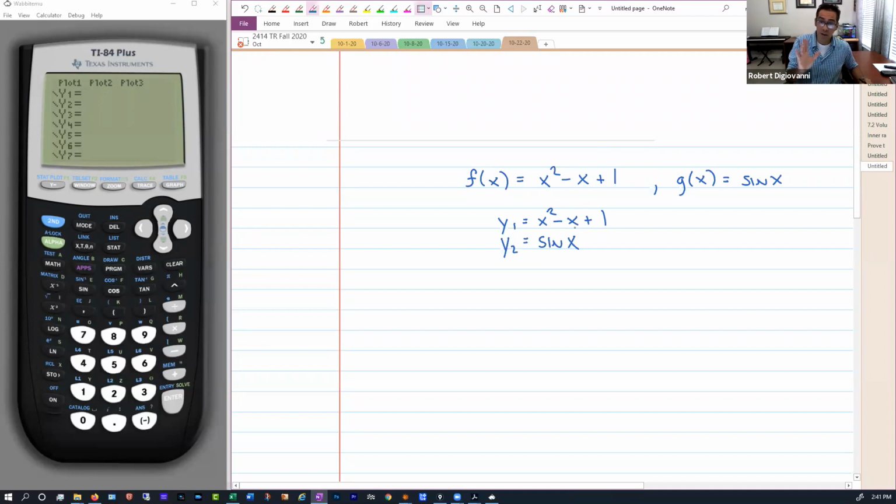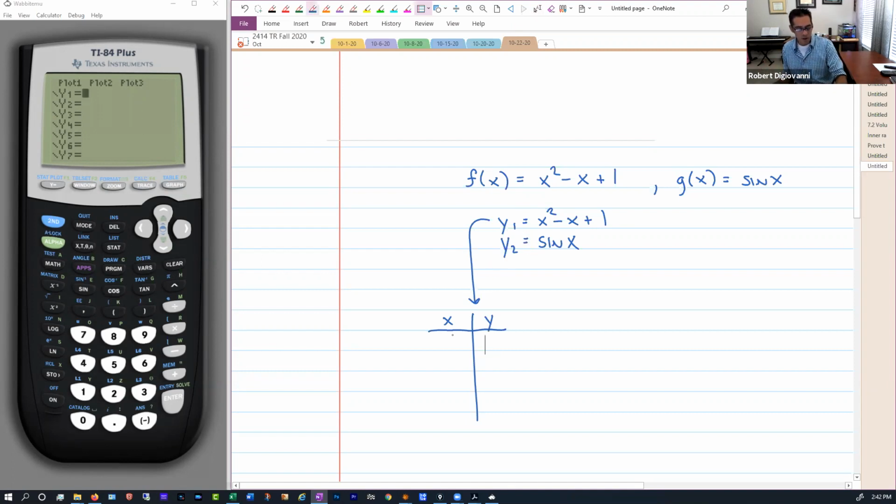Now, here's the thing that you have to understand. Your calculator is simply just evaluating functions and plugging in points, right? So when you graph this, what your calculator is doing is it's making really like a table. And it's starting with some X values and then figuring out what Y is.